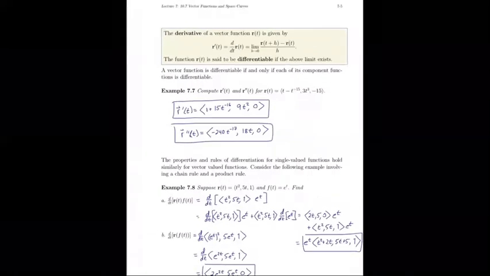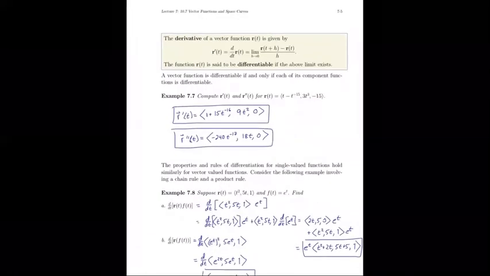Next is to see derivatives. Derivatives will work in very much the same way. We should note that the definition is just a little bit more involved. We will calculate this limit of a vector function.